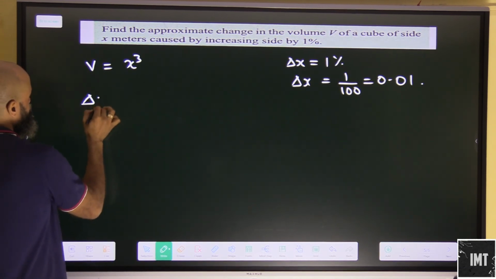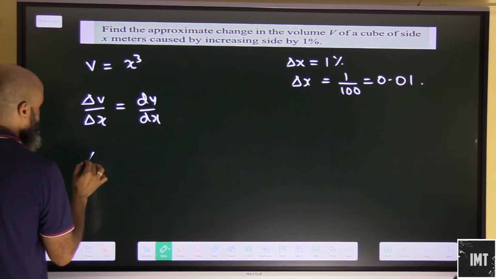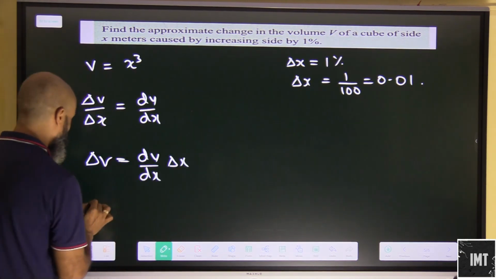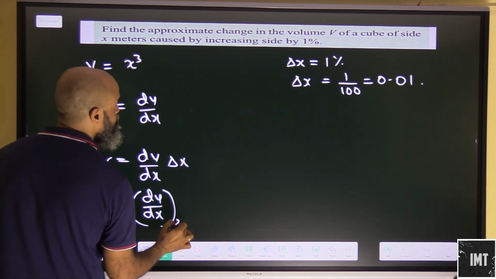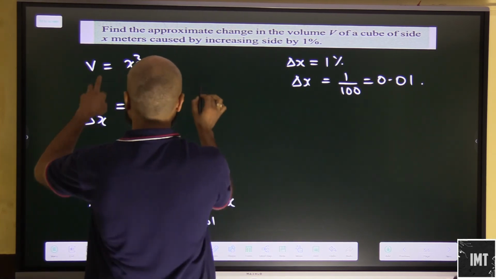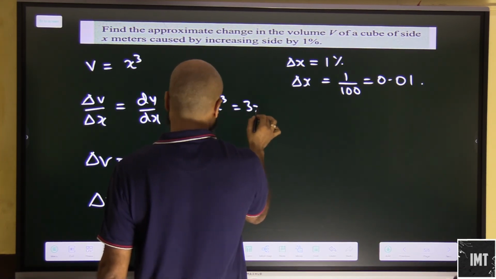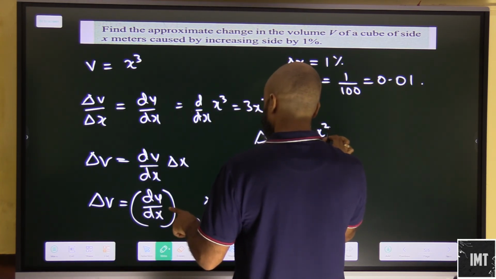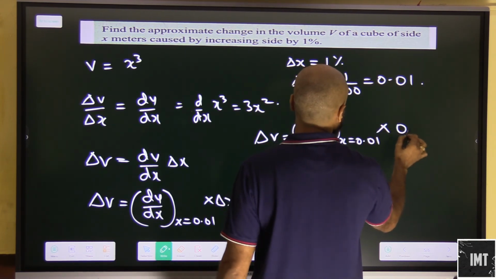So delta v by delta x can be written as dv by dx. So delta v can also be written as dv by dx into delta x. So dv by dx here will be d by dx of x cube, that is equal to 3x square. So delta v is equal to 3x square into delta x, that is 0.01.